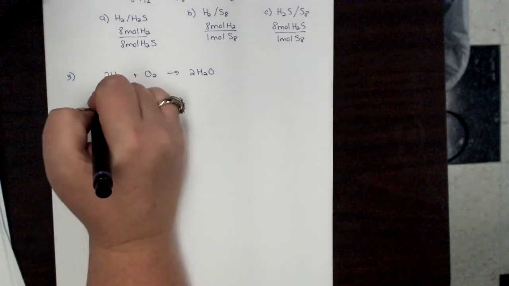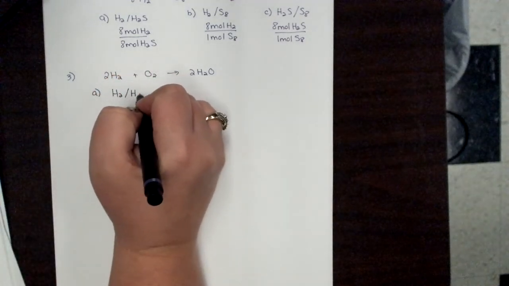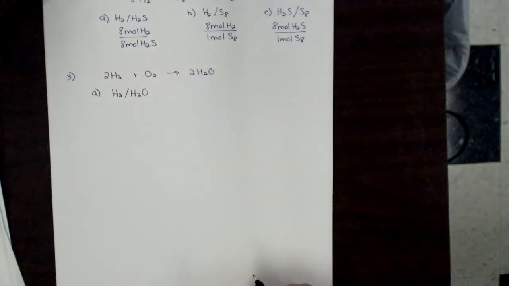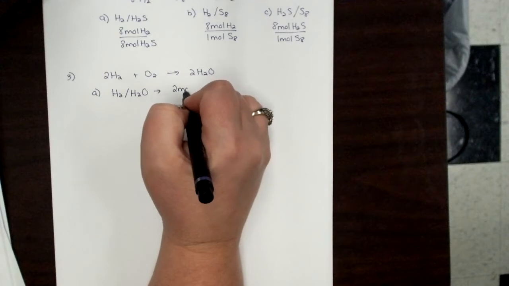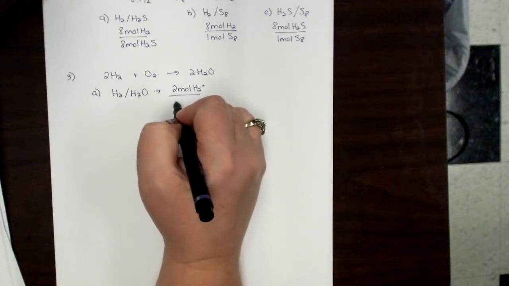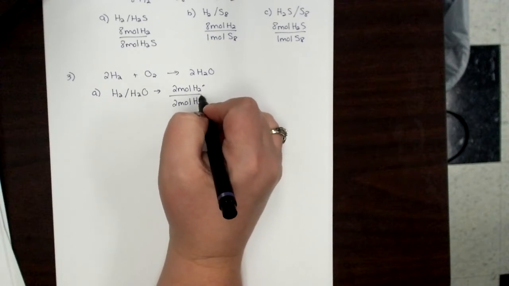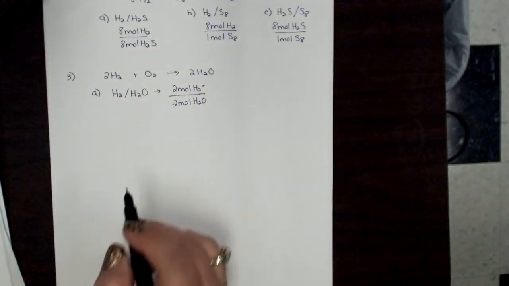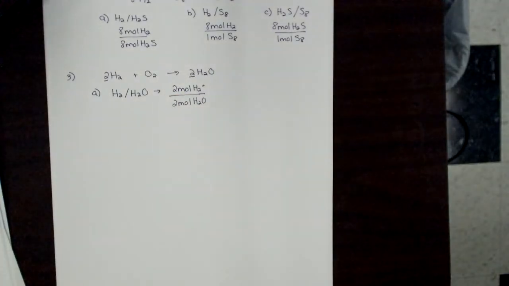And for part A, they want to know what is the hydrogen to water mole ratio. So I'm going to write that as 2 moles of H2 over 2 moles of H2O, because I just look at my coefficients and get those numbers.